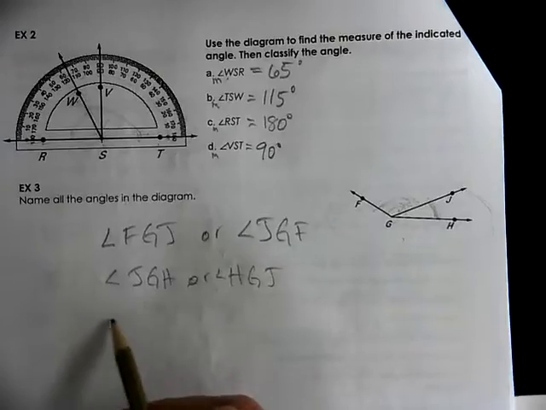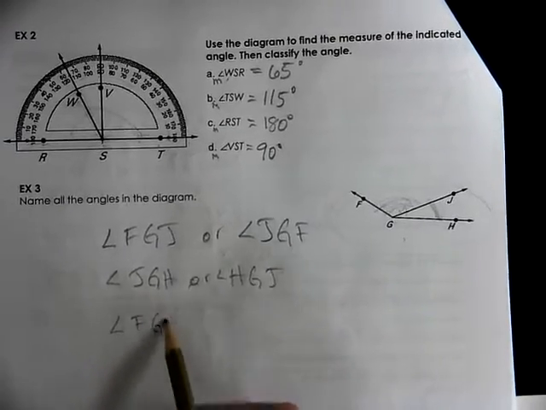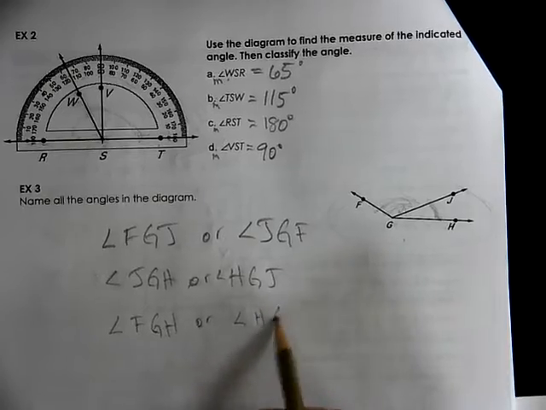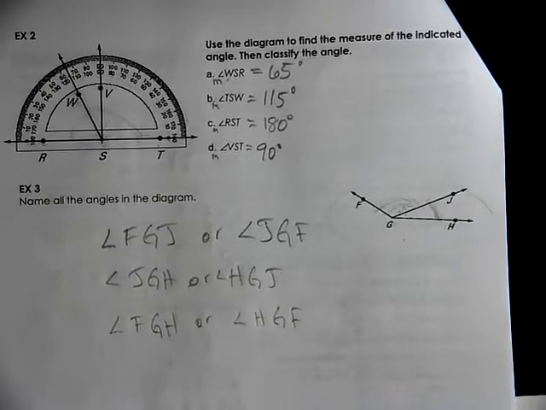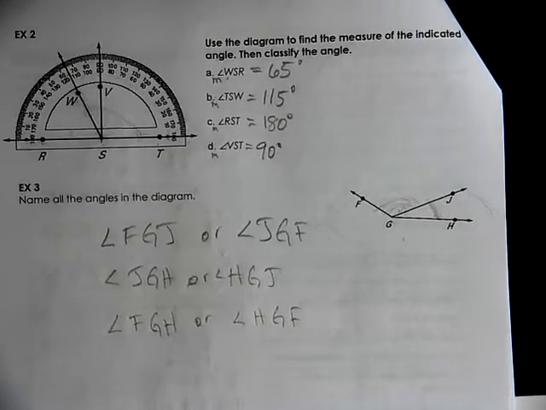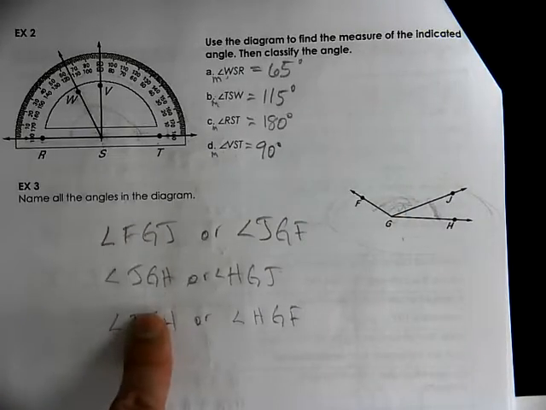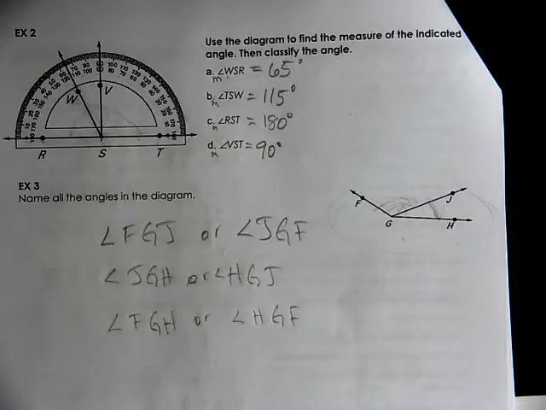And then we could finish up with FGH or angle HGF. There are at least 3 different angles, 6 ways you can name some of these angles.